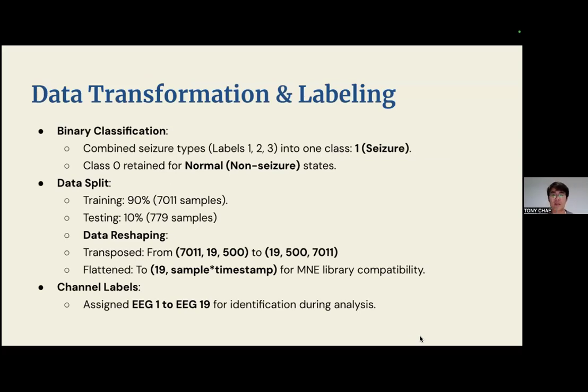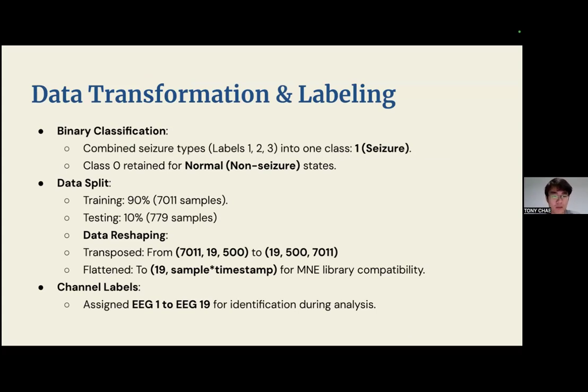For the data transforming and labeling, we decided on a binary classification. Previously, the given data was labeled 1, 2, 3 for different seizure types. We combined them into one class, which is having a seizure, and class 0 represents the non-seizure normal state.